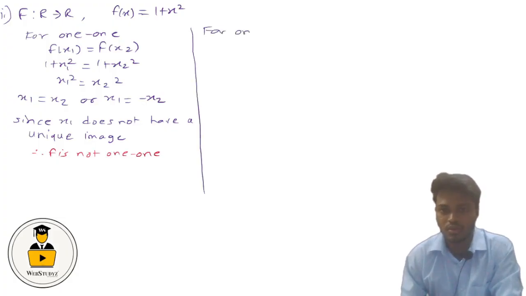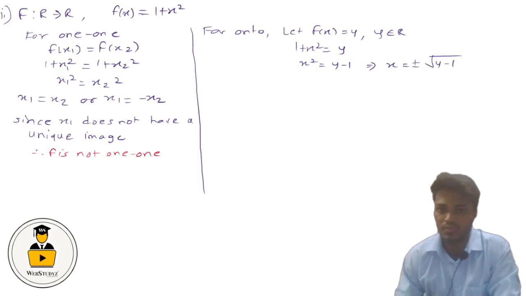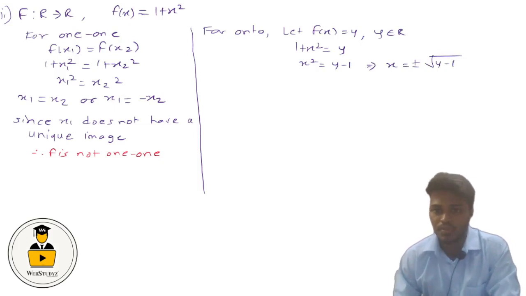Now we will check whether it is onto function. For onto function, we assume that f of x equals y such that y belongs to real numbers. Therefore, 1 plus x square equals y, so x square is y minus 1, and from here x will be plus minus root of y minus 1. Here x also belongs to real numbers.